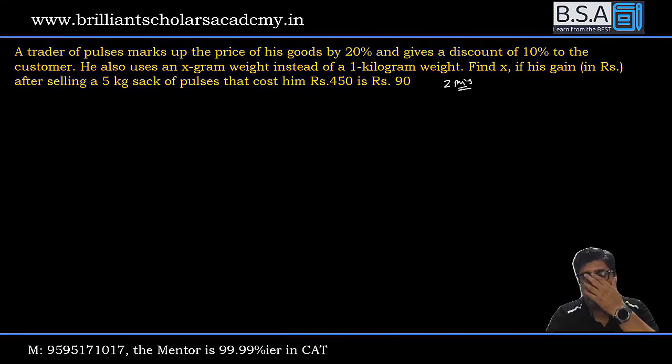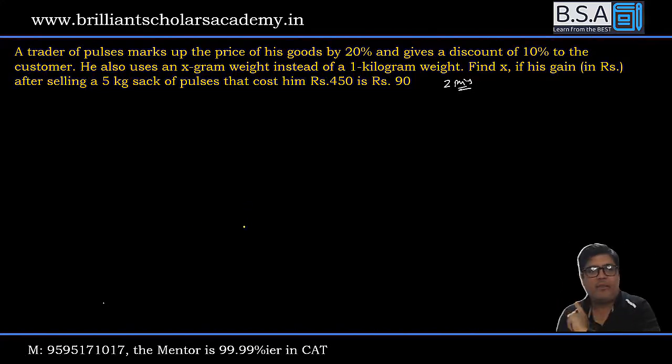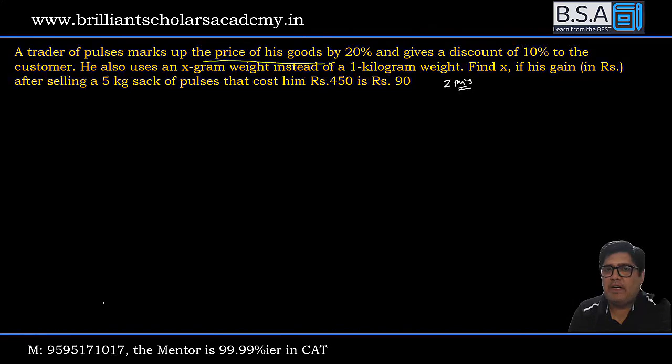We cannot go beyond that. So observe. He marks up the price of goods by 20%. So first of all, I will have 120 by 100 as one of the ratios in chain rule. He offers 10% discount. I will definitely have 90 upon 100 as second part.